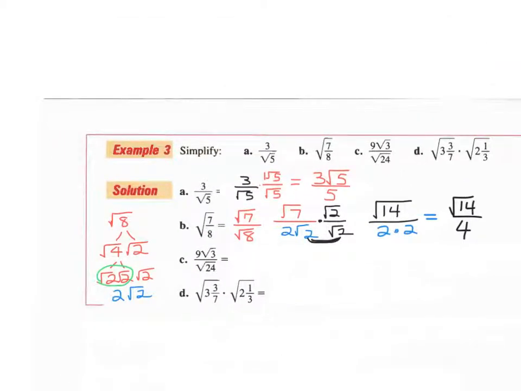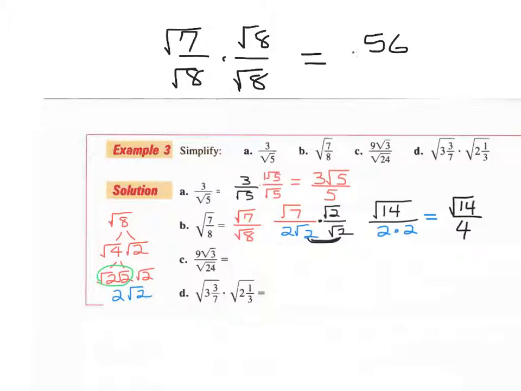So for example, some students might say, okay, here's my problem. I know I need to get rid of the square root of 8, and instead of simplifying it first, they do something like this. And then you would get square root 56 over 8. But then in the 56, there's a square root that's hiding.